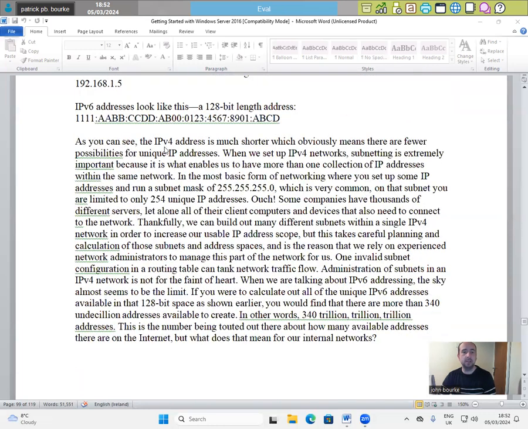As you can see, the IPv4 address is much shorter, which obviously means there are fewer possibilities for unique IP addresses.